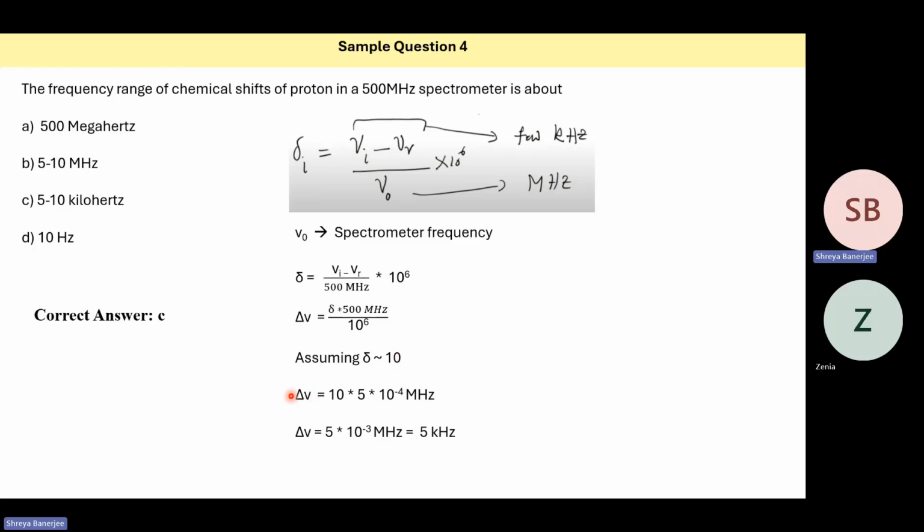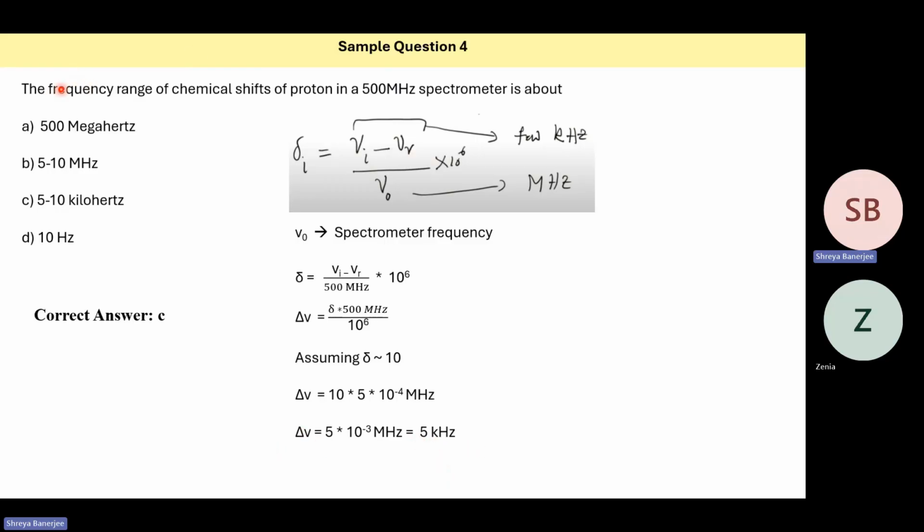So the delta nu will become 10 into, once you cancel these and you write it out properly, this much megahertz, which turns out to be, when you multiply megahertz with 10 to the power minus 3, it will become kilohertz. So the final answer, the delta nu, is 5 kilohertz.